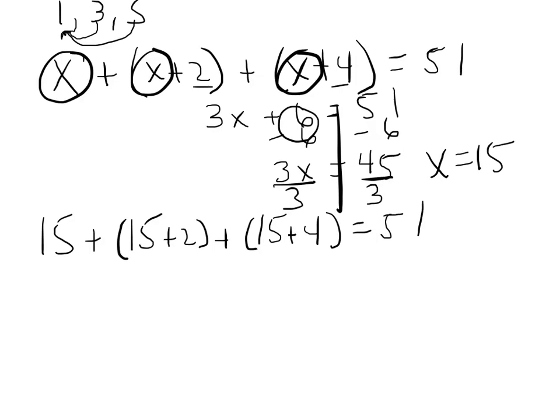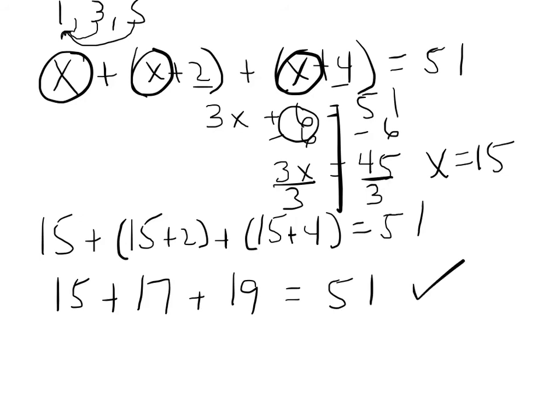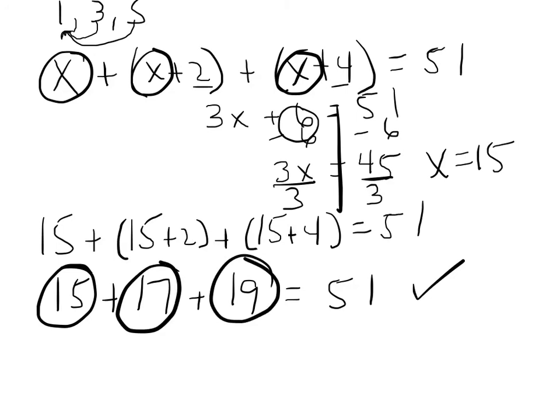Okay, so let's see what we got. So 15 plus 17 plus 19, okay? And that is equal to 51, so we know that it worked. So our answer is 15, 17, and 19.